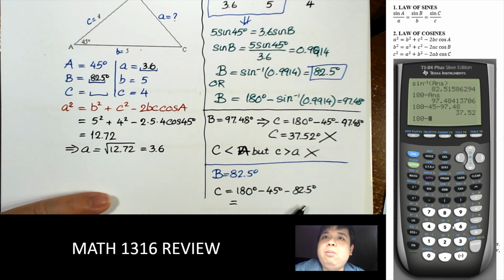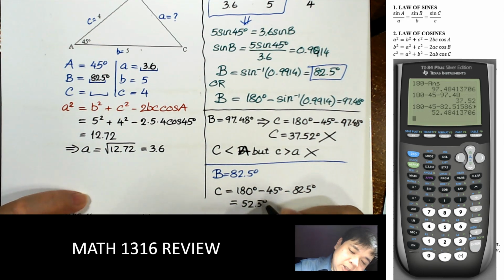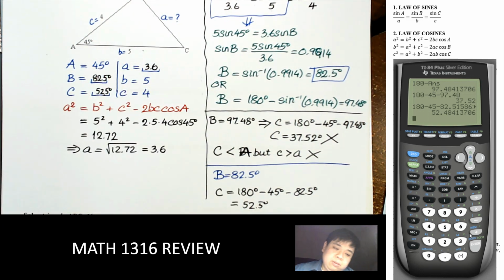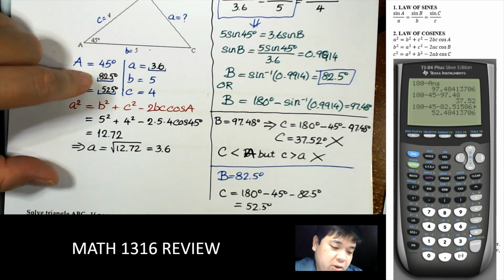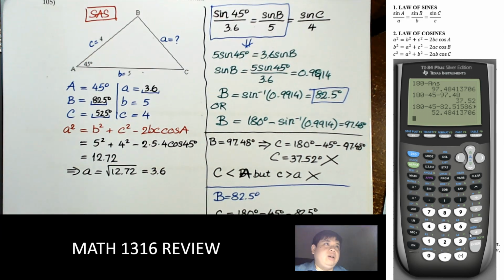I get 52.5. Right, so biggest angle, longest side, smallest angle, shortest side, so that makes sense, and that's how it works.